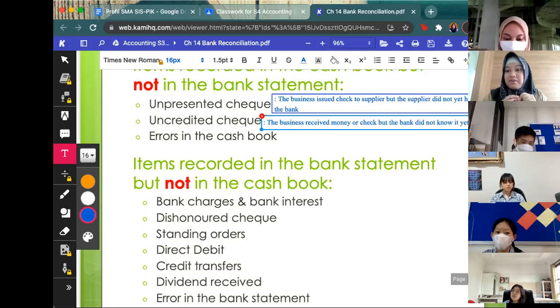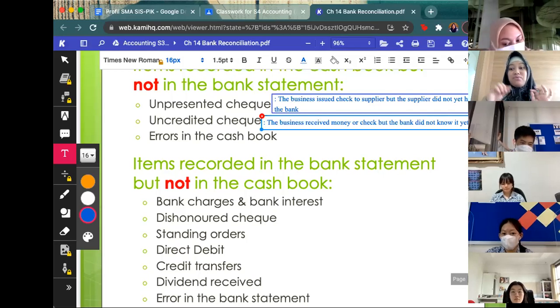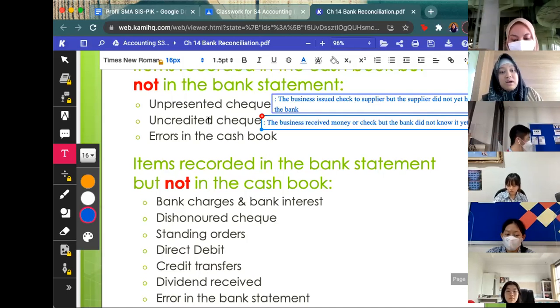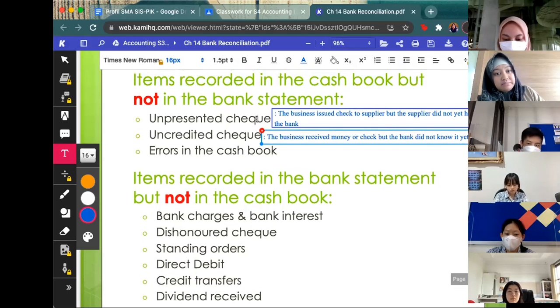So from Fisya's point of view, Fisya cannot see that transaction on the bank statement in September because it will be entered in the bank in October. That kind of situation happens in reality. So at the end of the month, usually the cash book will not show the same amount as the bank statement. This uncredited check will also be the reason why some transactions are not shown in the bank statement.